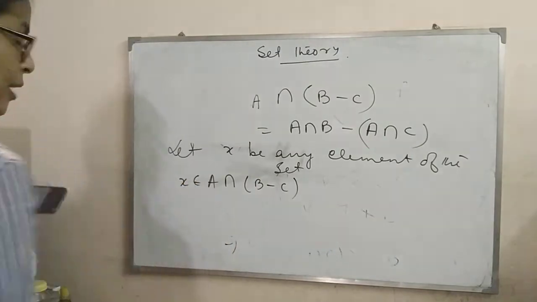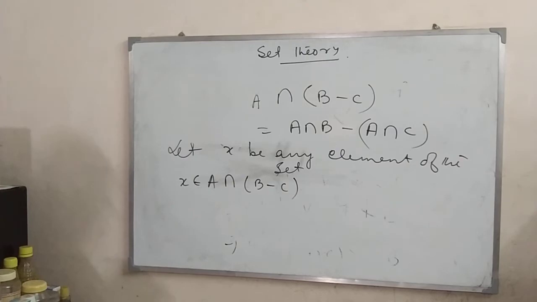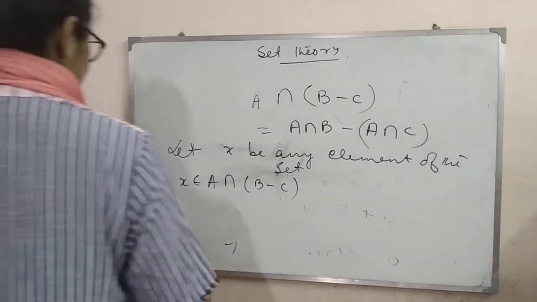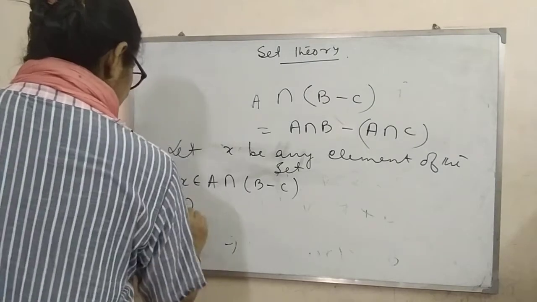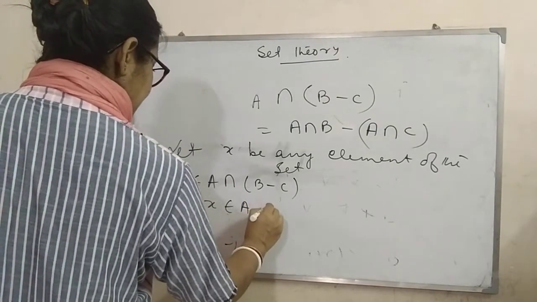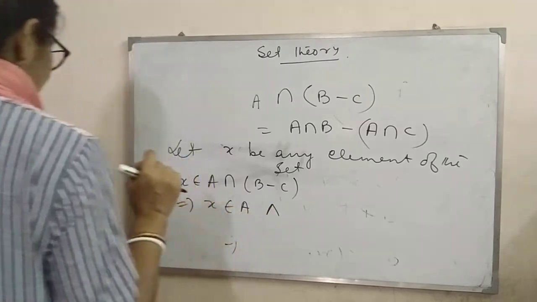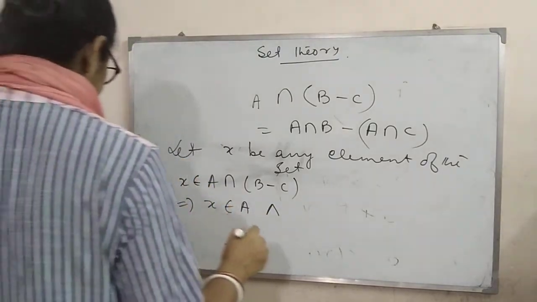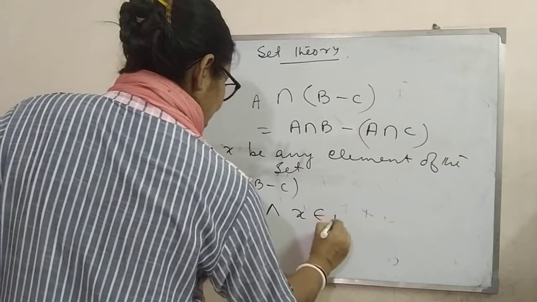That means X belongs to A and X belongs to B minus C.